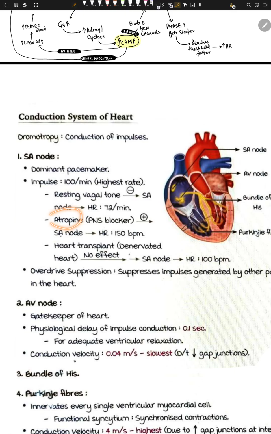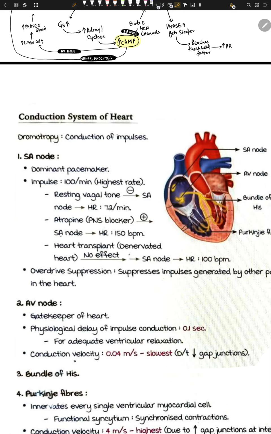So atropine, let's talk about atropine. Atropine is the blocking of the brakes. We block the brakes. Atropine is a muscarinic receptor blocker. It blocks the effect of acetylcholine and removes the parasympathetic inhibition.